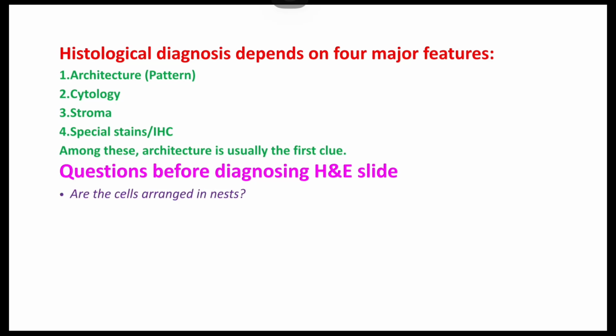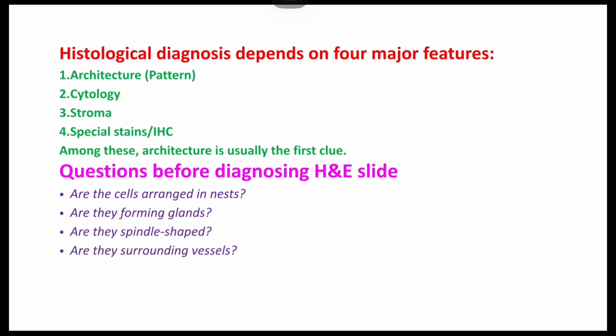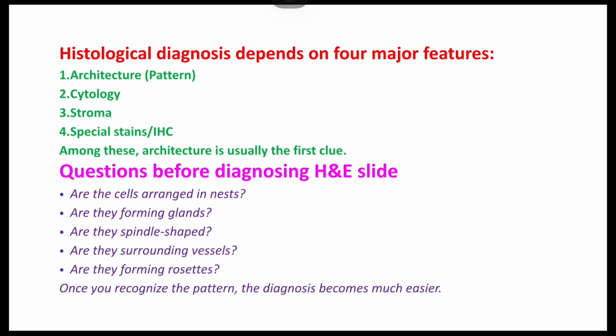Are the cells arranged in nests? Are they forming glands? Are they spindle shaped? Are the tumor cells surrounding vessels? Are they forming rosettes? Once you recognize the pattern, the diagnosis becomes much easier.